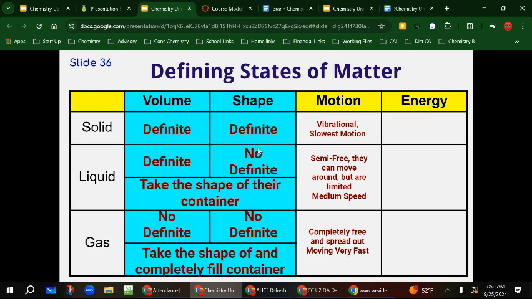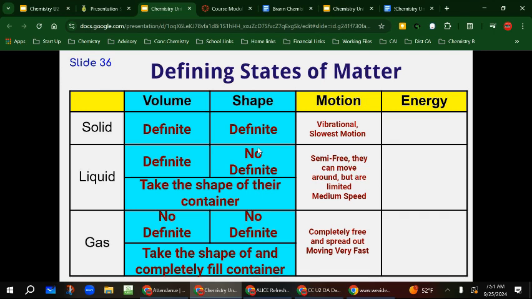But in a gas, ladies and gentlemen, these particles get completely free of each other and spread out as far as they can. Matter of fact, the gas particle, if there were one in this room and it were moving this way, it's going to continue moving this way until one of two things happens. It either gets all the way across the room and hits the wall and then it's going to bounce off it and bounce back, or if it hits something along the way. What could it hit along the way?